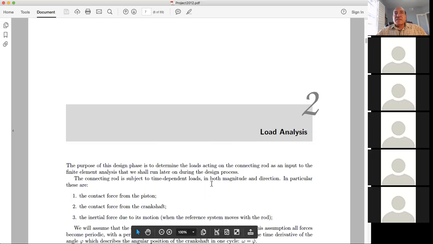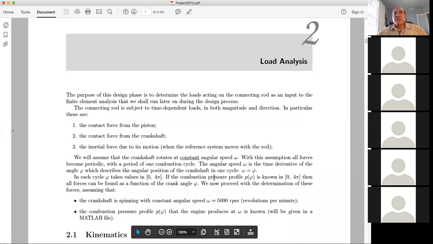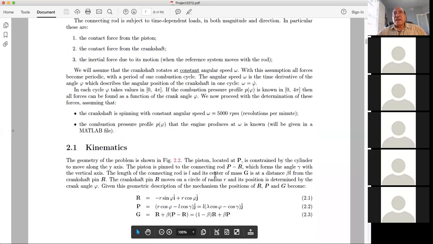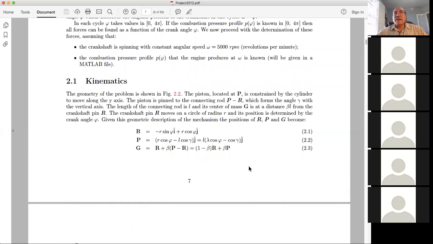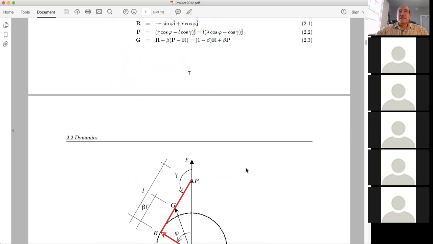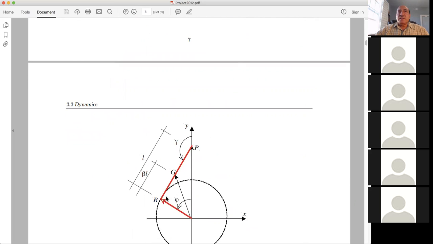All right, so the task ahead of you this week is to do kinematics, and the kinematics is basically vectors. If you look at what we have here, the connecting rod is this line represented by the red line RP.